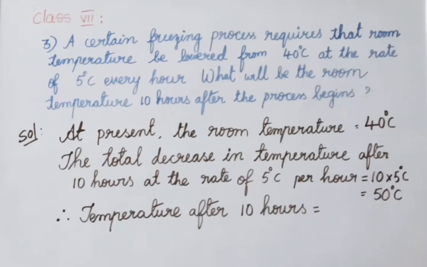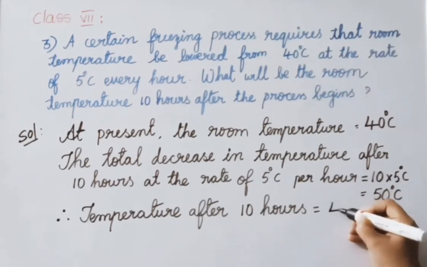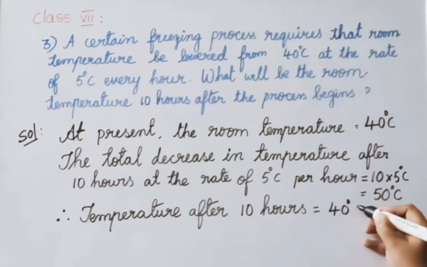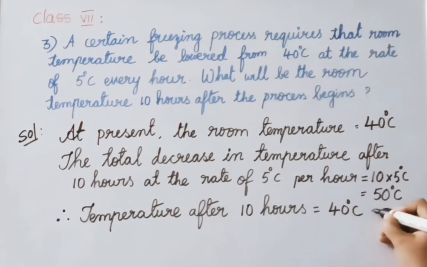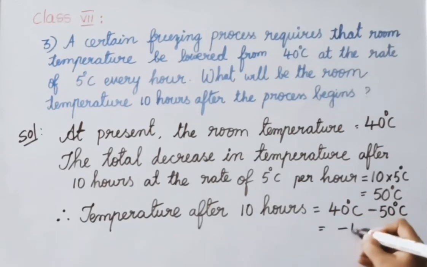Therefore, the temperature after 10 hours, let us find out. Initial temperature is 40 degrees Celsius, decrease in temperature, that's why we represent here minus. So 40 degrees Celsius minus 50 degrees Celsius, that is minus 10. Therefore, the room temperature 10 hours after the process begins will be minus 10 degrees Celsius.